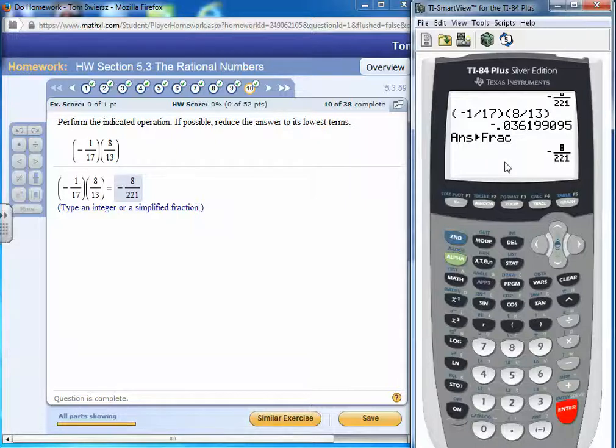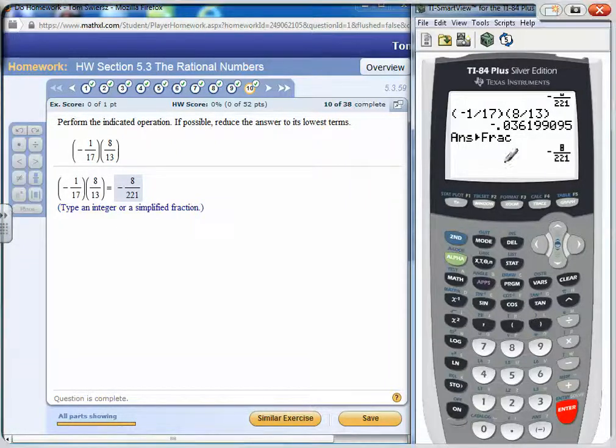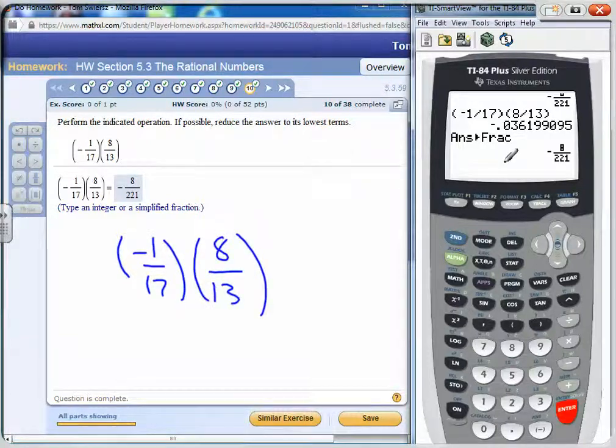Now with paper and pencil, you've got the product of the numerators over the product of the denominators. You can cancel if you want, but nothing cancels. So -1 times 8 is -8, and 17 times 13 is 221. So the product of the numerators over the product of the denominators gives you your correct answer.